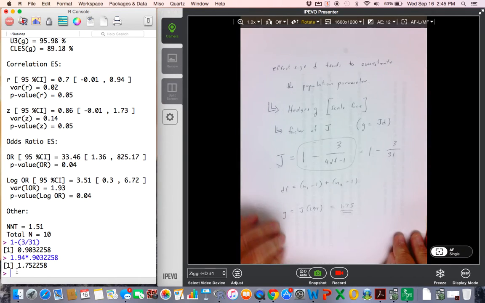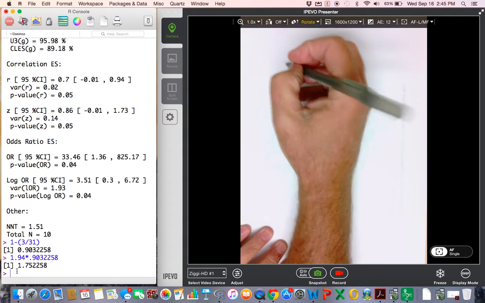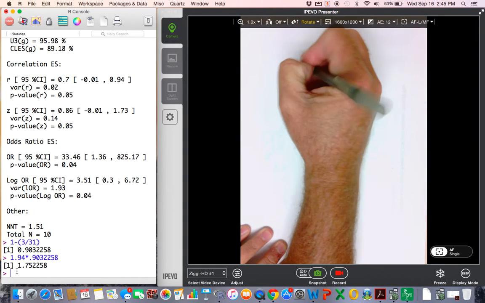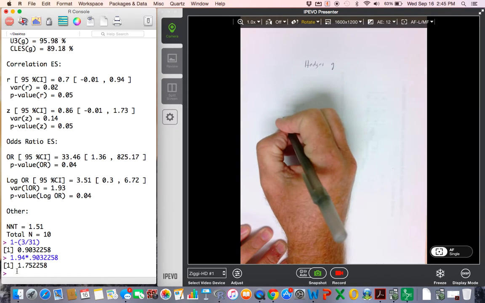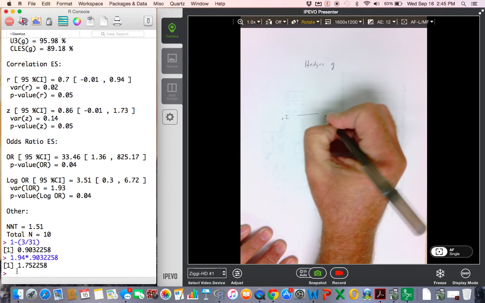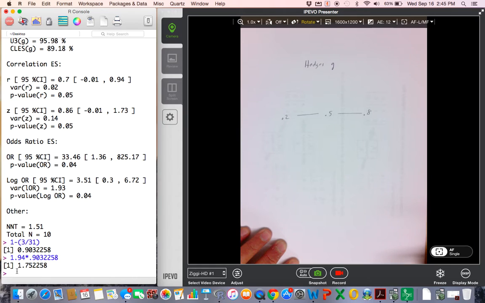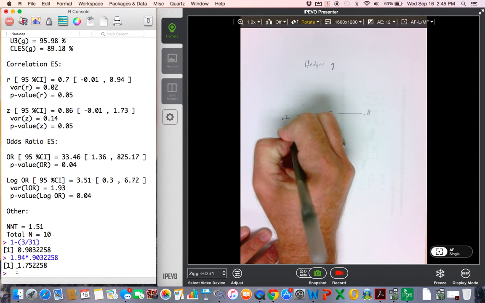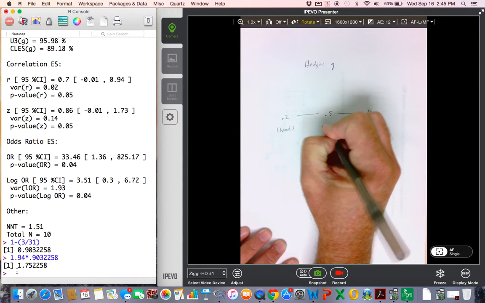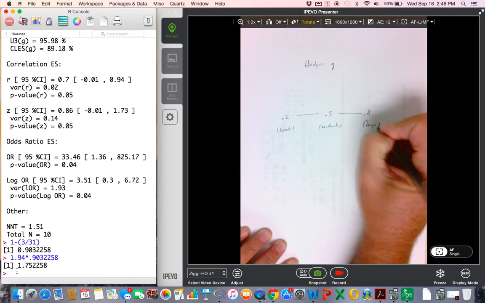Now, at the end of the day, that really doesn't mean much unless you know the benchmarks for the comparison. And it turns out that the benchmarks are 0.2, 0.5, and 0.8. So we have a difference of 0.3 between the weak effect, moderate effect, and large effect.